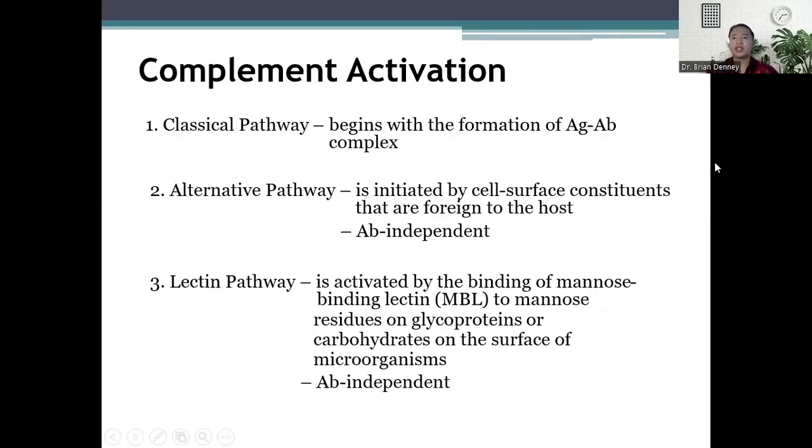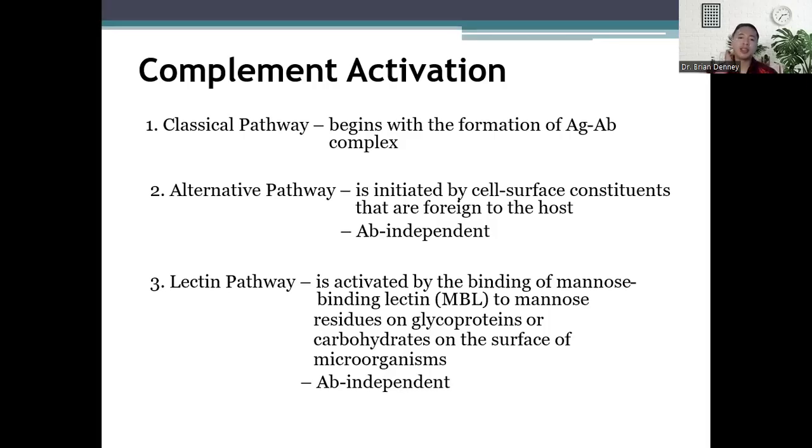As I have mentioned in the previous slides, we have three ways to activate your complement system: the classical pathway, the alternative pathway, or the lectin pathway. What I want you to remember on this slide is that the classical pathway begins with an antigen-antibody complex formation. Thus, it is considered antibody dependent.